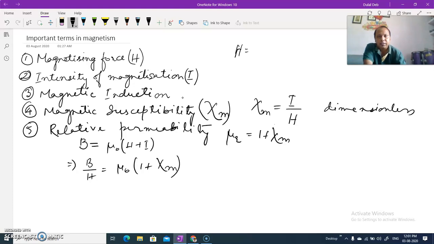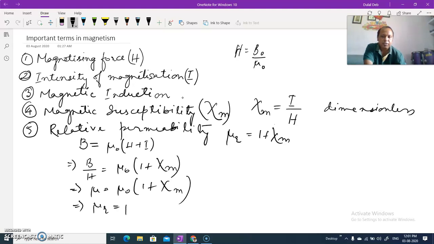H is given by B naught by mu naught. So B naught by H is mu naught. So B by H will be mu. So we write mu is equal to mu naught into 1 plus chi m, and mu naught comes here, so mu r, that is relative permeability, is equal to 1 plus chi m.